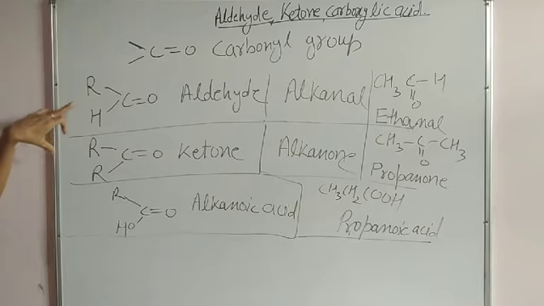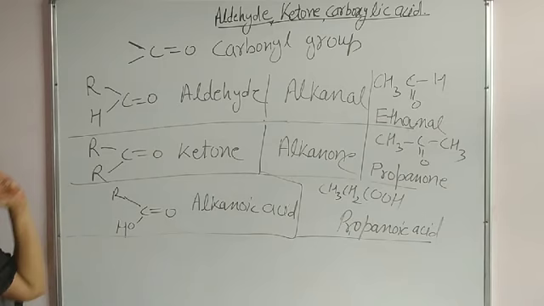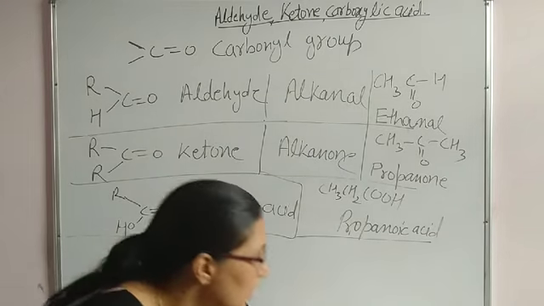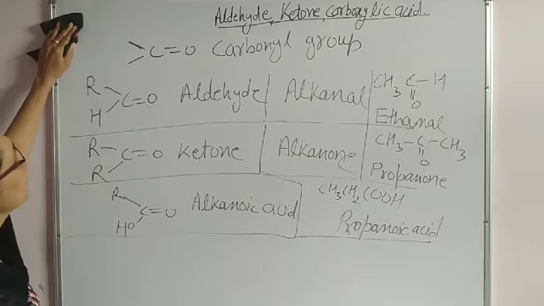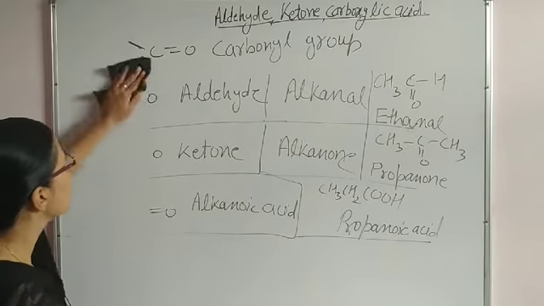Suppose other than carbon, hydrogen and oxygen, other groups are attached, then we will get a different type of functional group. Let us study the different types of functional groups.